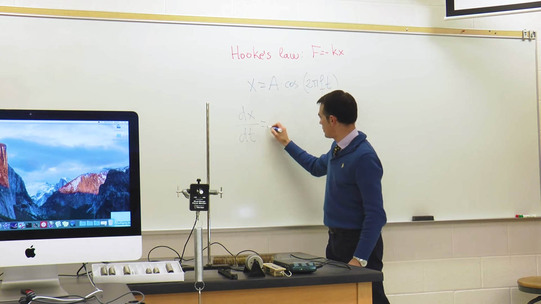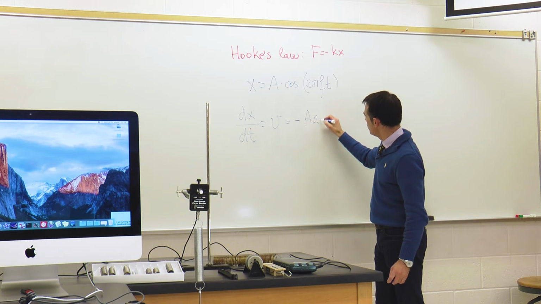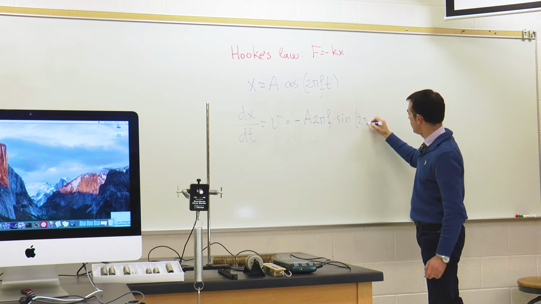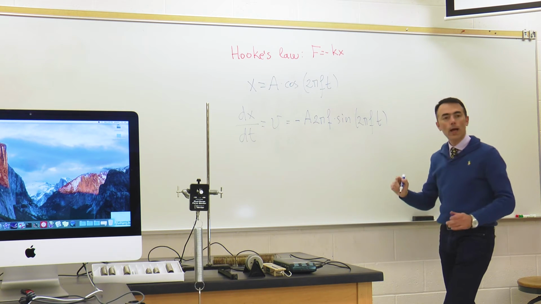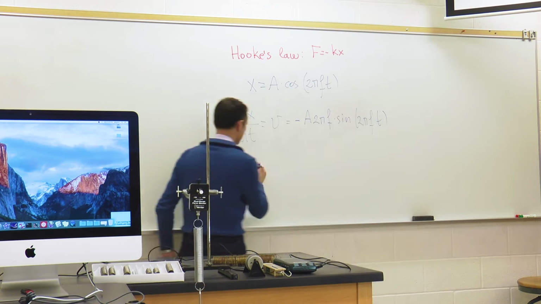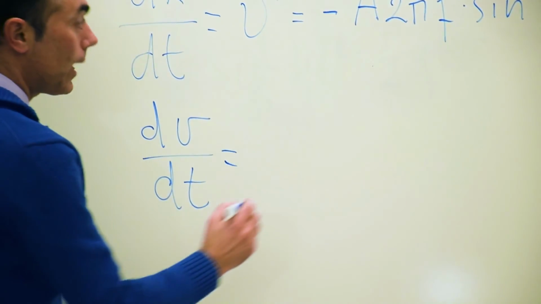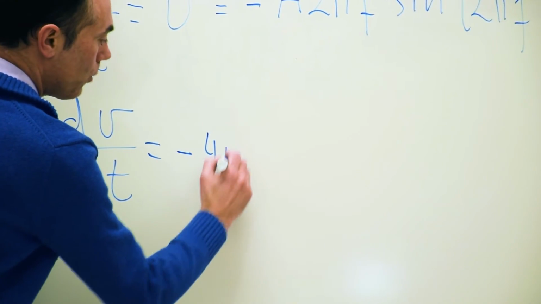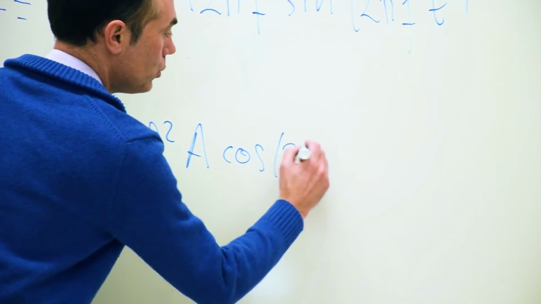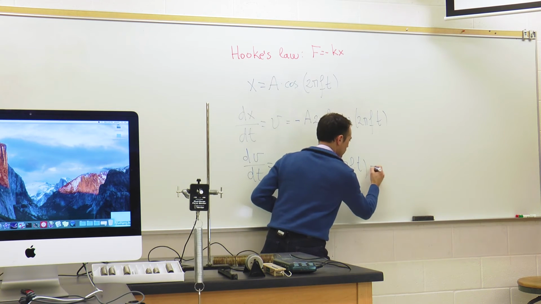If we differentiate it with respect to time, we get the velocity, minus 2 pi f A times the sine of 2 pi f t. And if we differentiate it again, we obtain the acceleration, the derivative of the velocity with respect to time: minus 4 pi squared f squared A cosine of 2 pi f t. So this is the acceleration.